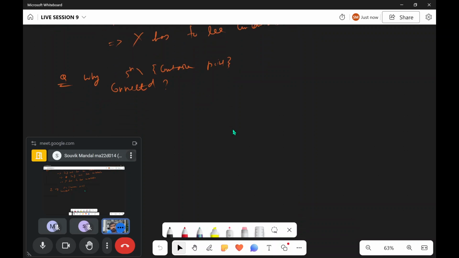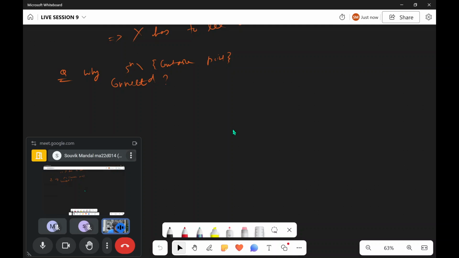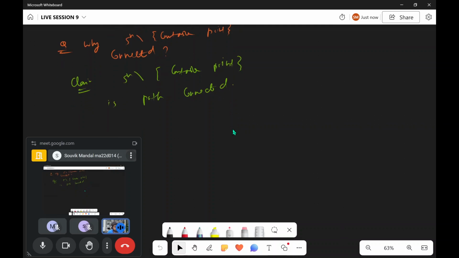So you need to show connected, right? The claim is not only connected. The claim is S^n minus countable points is path connected. Why so? Because S^n is uncountable, right?